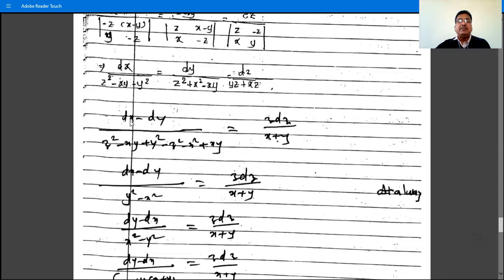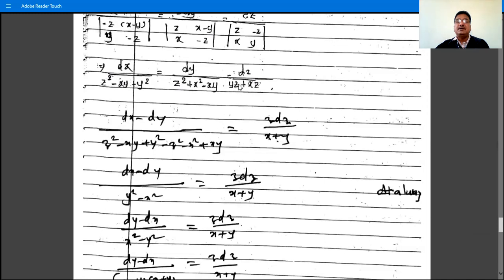That is, consider the multipliers 1, 1, 0 and 1, minus 1, 0, and in the place of each ratio, consider the third ratio. So the multipliers are 1, minus 1, 0, so we have dx minus dy, multiplied by 1 and multiplied by minus 1, we have this. And then consider the third ratio in the place of each ratio, that is dz over yz plus xz.